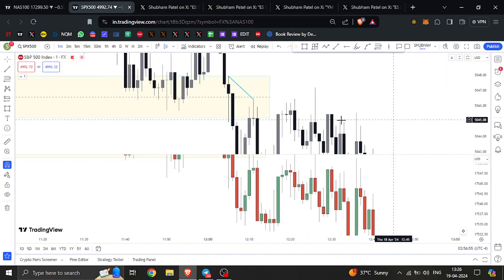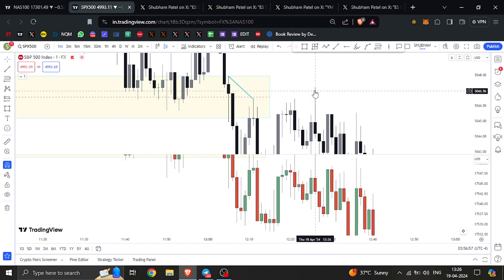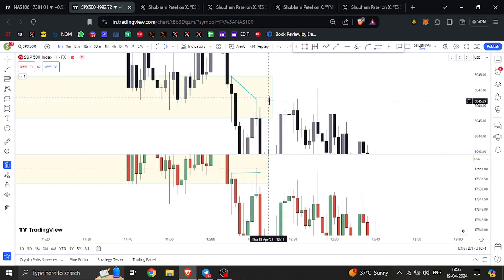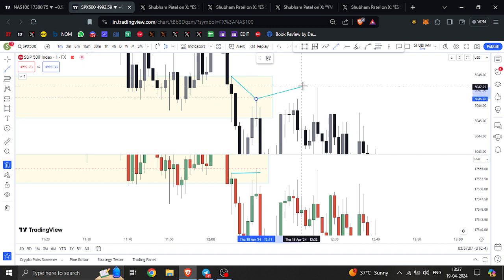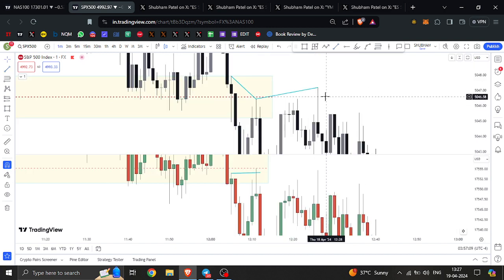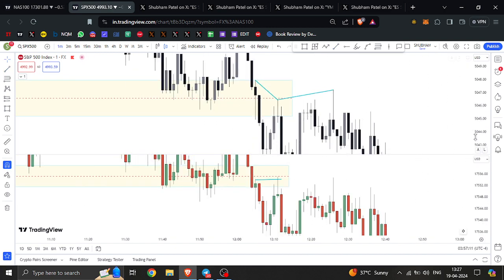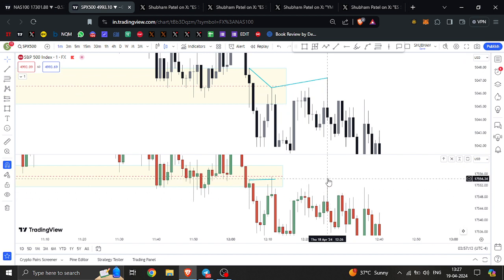You see this impulsive move which came, the 12:26 impulsive move in SPX, it swept the 12:11 candle's high. This high of SPX was taken out by this impulsive move. But if we see NQ, this impulsive move did not take this high.